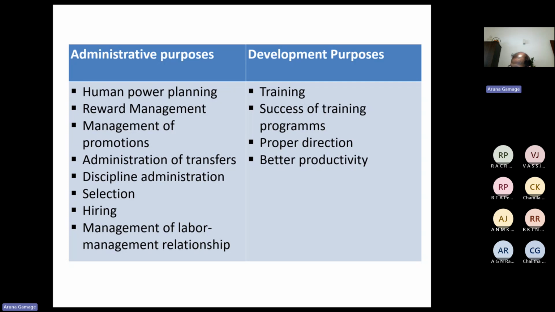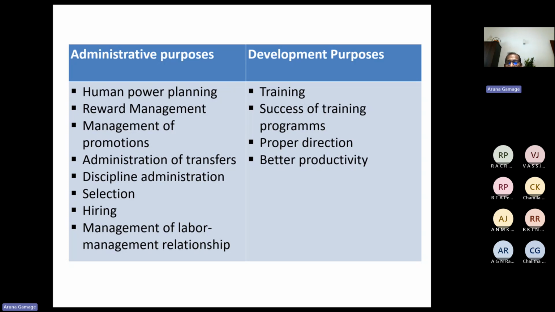Proper direction. As a good employer, you have to direct your employees, right? What is the best career path for your employees? What are his strengths? What is the best job that fits the person? So you have to give proper direction, and in order to give direction, performance evaluation is very important.